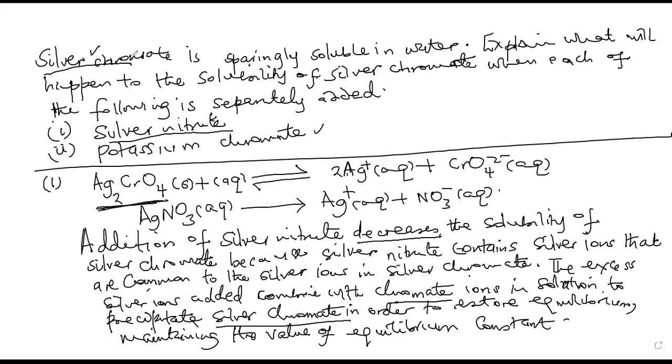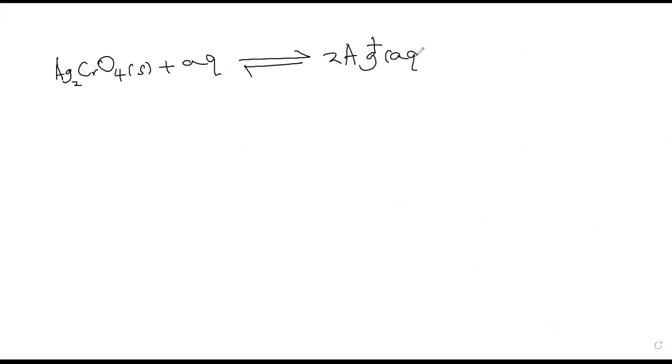going to be common. So if you're describing this, we have said that we have silver chromate at first, solid, sparingly soluble, to establish equilibrium, silver ions and chromate ions.